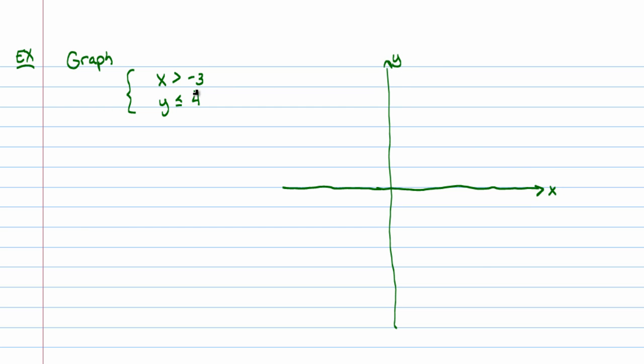And the first one I'm going to graph is x being greater than negative 3. So remember, x equals negative 3 is a vertical line. So let me go ahead and draw that in. And by the way, we can't exist on this vertical line because it is strictly greater than. There's no equality there.